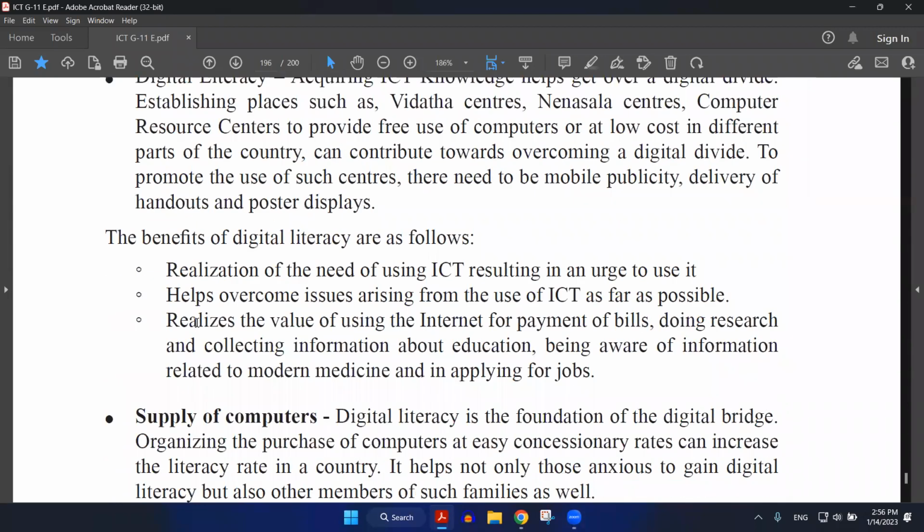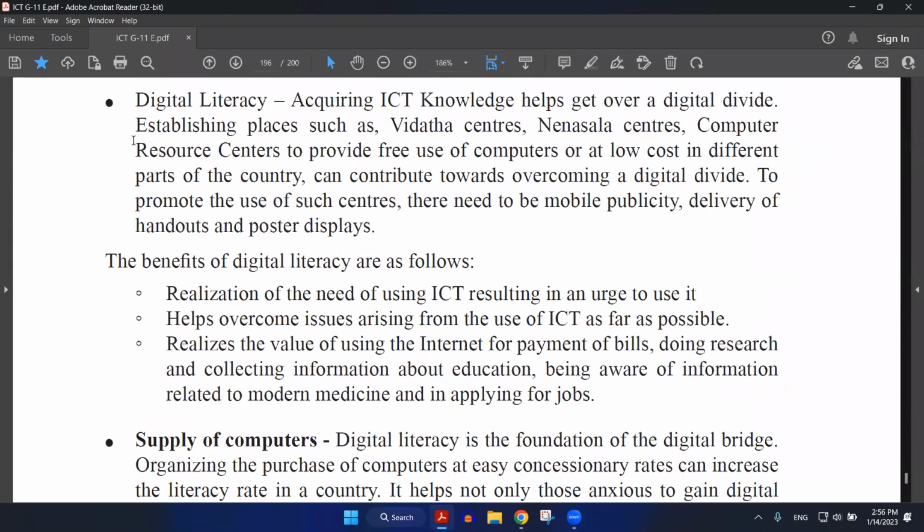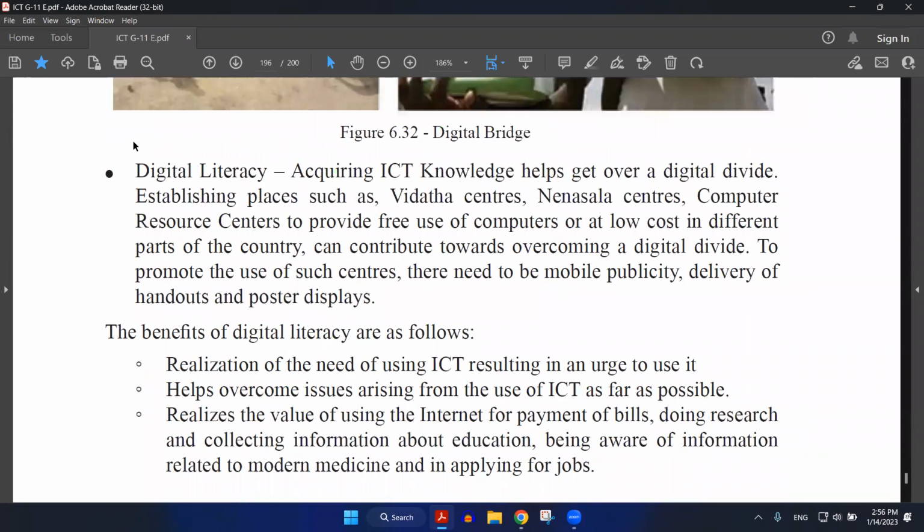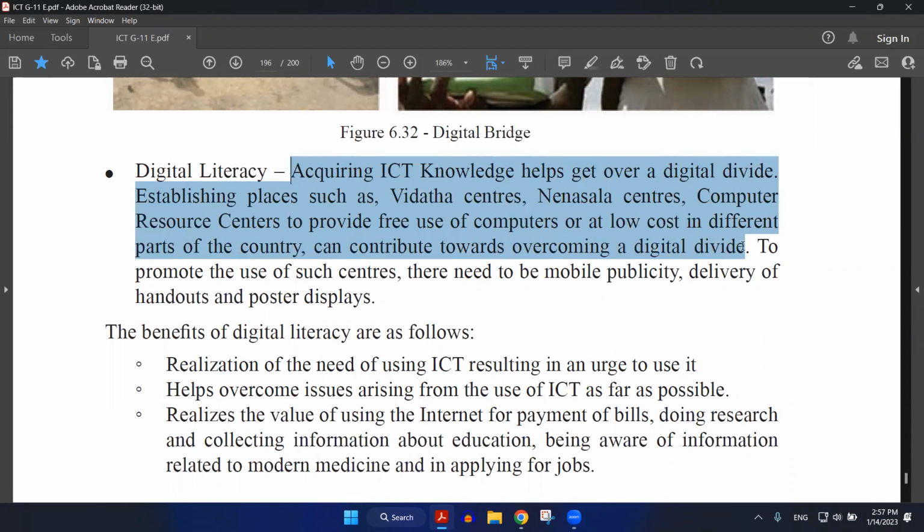Then we'll go to this particular thing. Yeah, write this as the next point for that. That is to say how to give a solution for the digital divide.